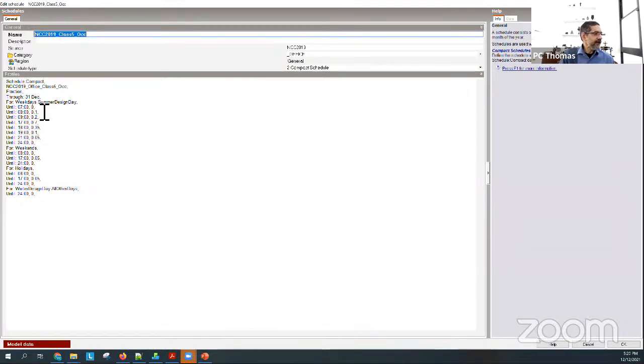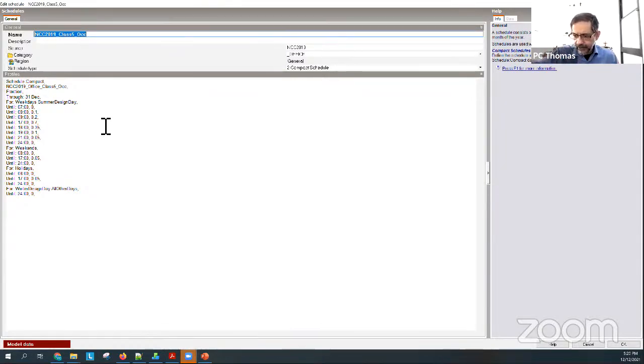So I'm saying that for weekdays, until 7 o'clock, there's no occupation, and then it varies. From 7 to 8, it's 10%. From 8 to 9, it's 20%. But this is the critical one. From 9 o'clock to 5 o'clock, it's only 70% of the design occupancy.